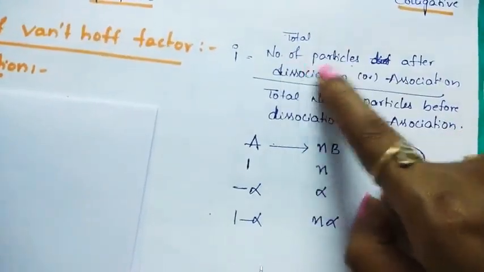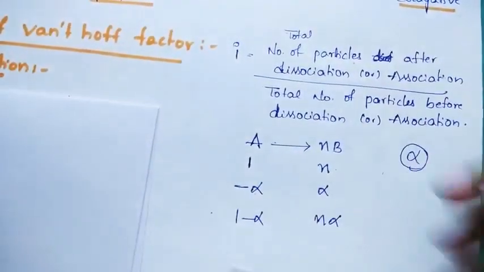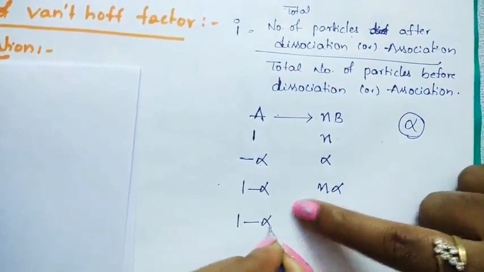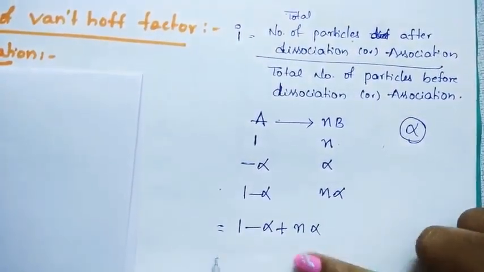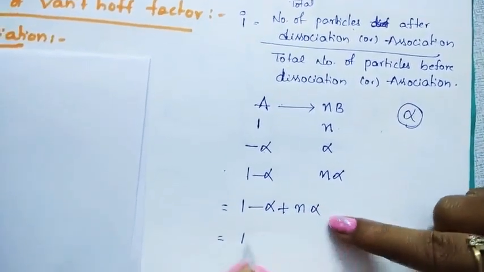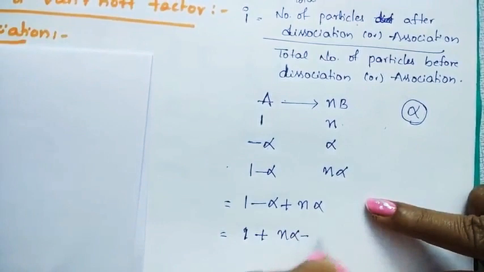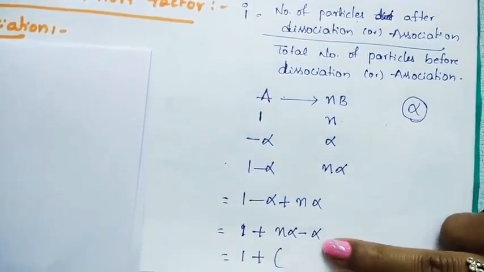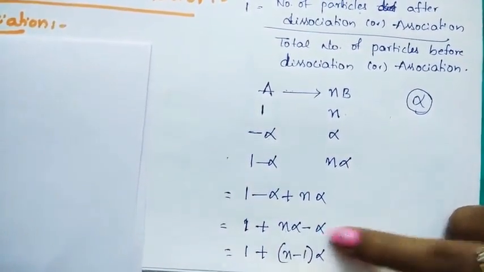What is the total number of particles after dissociation? Total number of moles actually. Total number of moles is 1 minus alpha plus n alpha. Clear? I am just interchanging this to get the relation: 1 plus n alpha minus alpha. And what you do is take alpha common, then you get (n minus 1) into alpha.